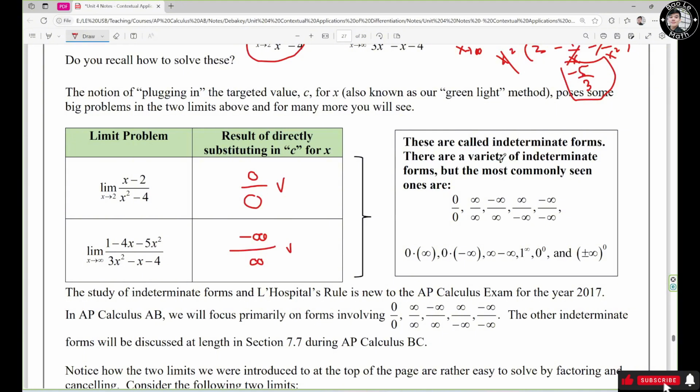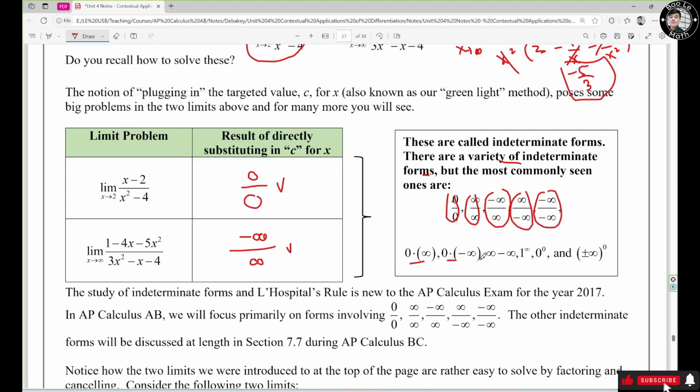There are a variety of indeterminate forms, but the most commonly seen ones are 0 over 0, infinity over infinity, negative infinity over infinity, positive infinity over negative infinity, or negative infinity over negative infinity.